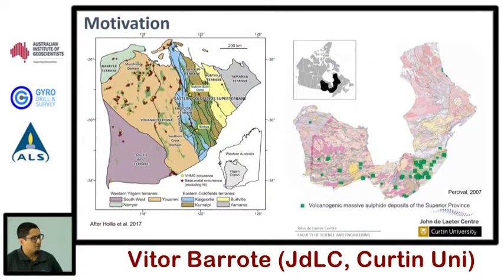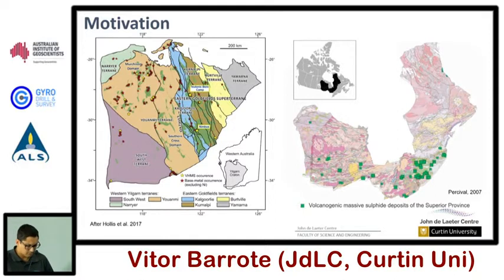So our motivation is quite straightforward. If you have a look at the map on the left, you'll see that there aren't many occurrences of VHMS systems in Western Australia, and those are represented by the yellow star. That's especially visual if you compare it to similar terrains like the Superior Province in Canada, where you can see a bunch of VMS deposits.